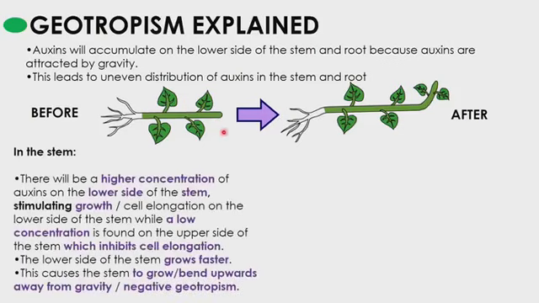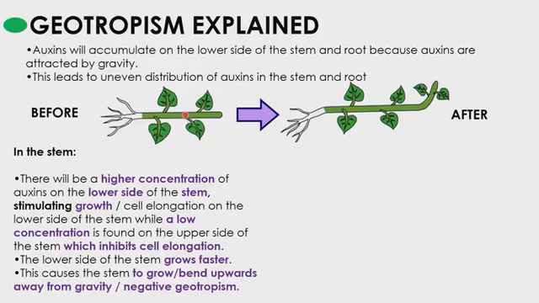In the stem section, we've already said that there will be a high concentration on the lower side of the stem, and that will stimulate the elongation of those cells. So if these cells are stimulated, this side will grow faster than the top, which will have a lower concentration of auxins, and the plant will bend upwards.